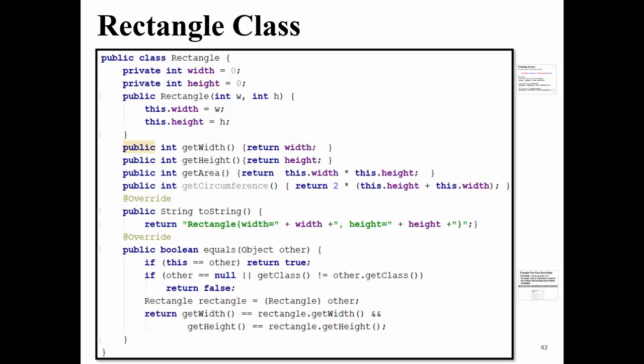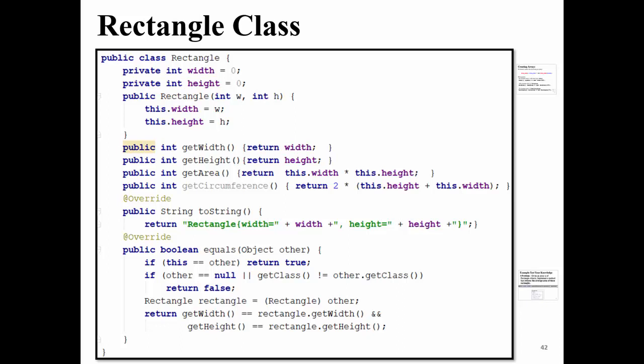So here is the rectangle class that we discussed last time. Just to remind you, we have two instance variables, the height and the width, and a constructor that takes width and height and assigns them once we construct the rectangle object.